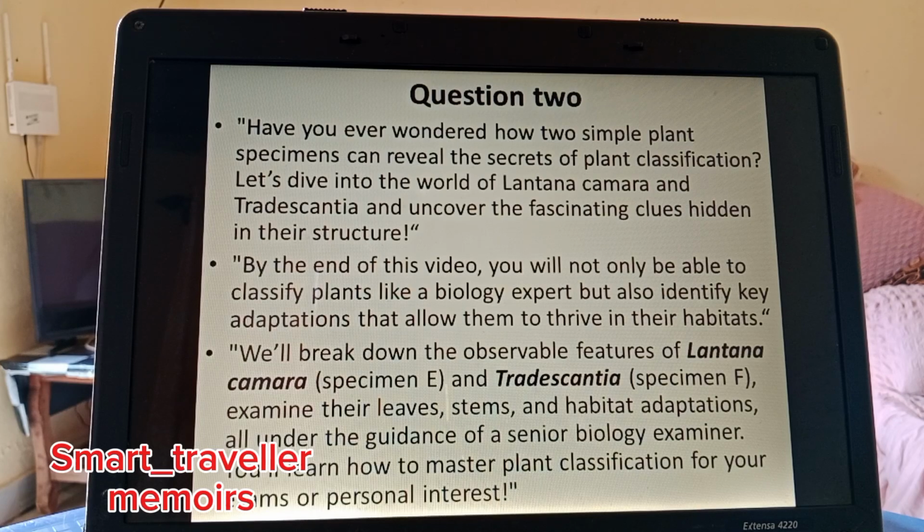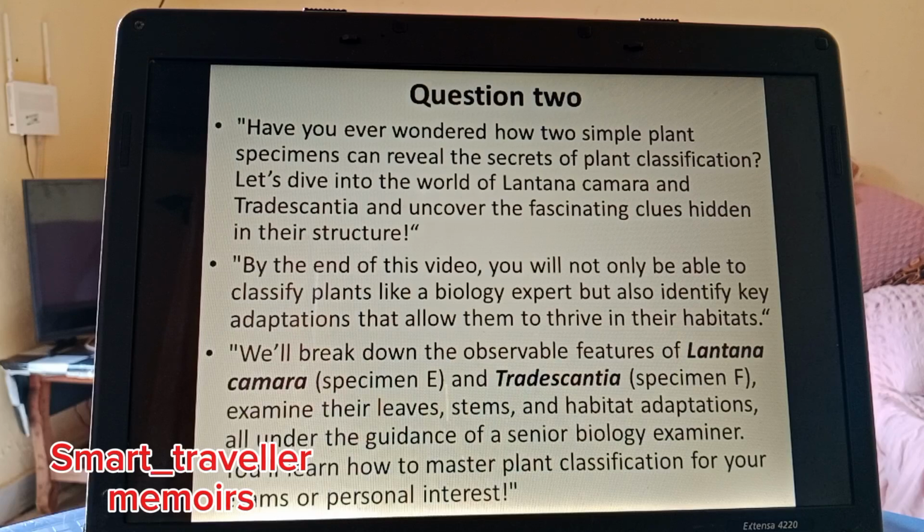We will break down the observable features of Lantana camara, which was given as specimen E, and Tradescantia, which was given as specimen F. Examine their leaves, stems, and habitat adaptations, all under the guidance of a senior biology examiner.